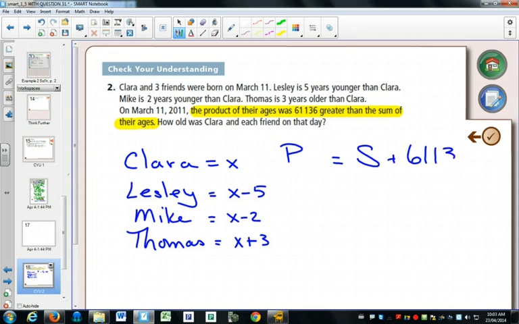All right, so let's check this out. Right now we've got the product equal to the sum plus 61,136. The product of their ages was 61,000 greater than the sum. Does that show up here? Is this one that much greater than the sum?